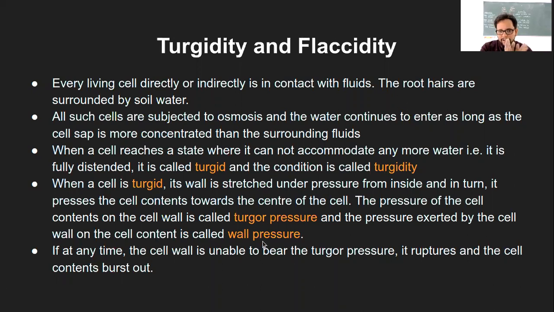So from the center of the cell towards outside, the pressure exerted is turgor pressure, and the opposite pressure acting towards the cell content is called wall pressure. Okay, does anyone have any doubt in these two concepts? Because this will be very, very important later to understand what exactly happens in plasmolysis and so on.